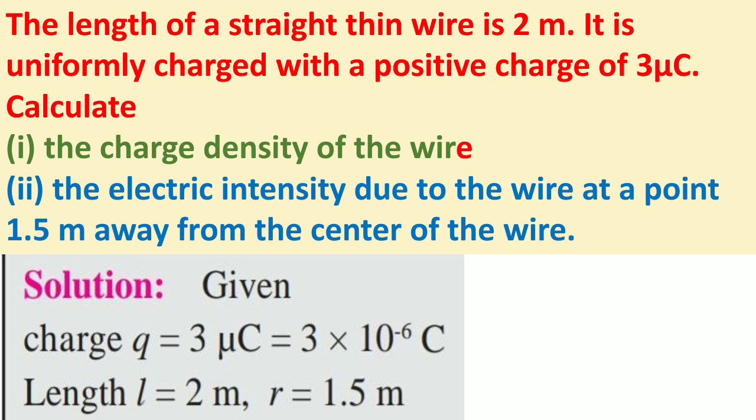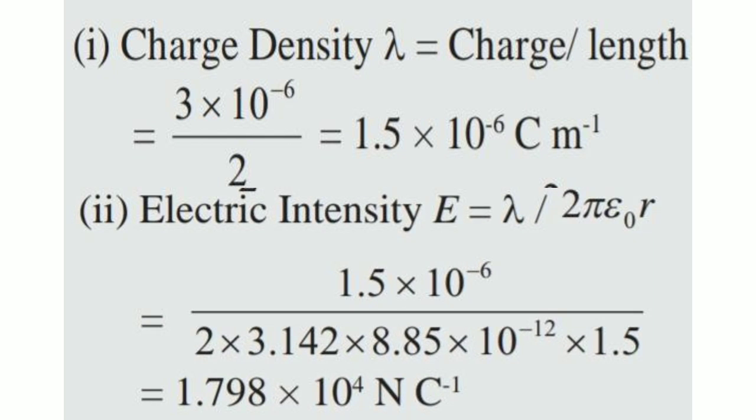Then next we have to find the electric intensity due to the wire at a point 1.5 meter away from the center of the wire. So here we have to find E now. As we know, the final formula for E is lambda upon 2π epsilon naught r. We have just found the value of lambda.